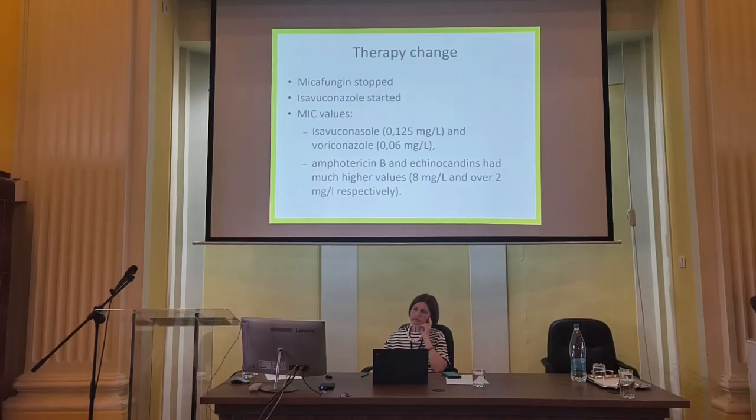Minimal inhibitory concentration testing showed low MIC values for isavuconazole and voriconazole, indicating good antifungal activity, and in contrast, amphotericin B and echinocandins demonstrated significantly higher MIC values, suggesting poor, limited therapeutic efficacy.